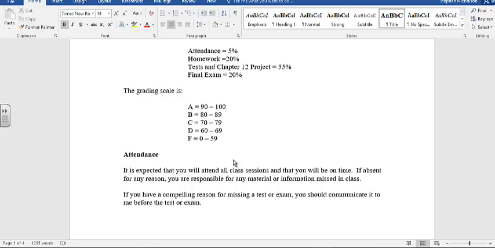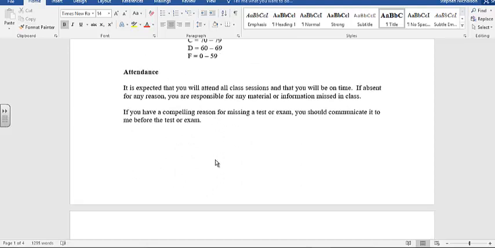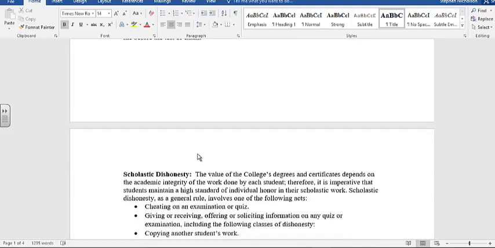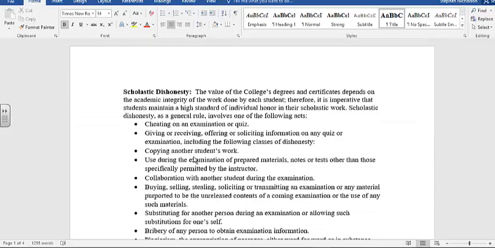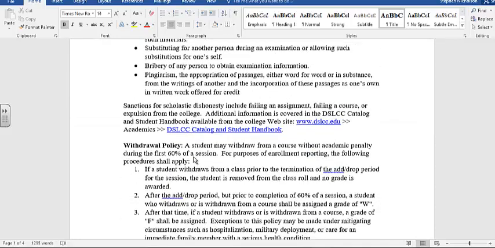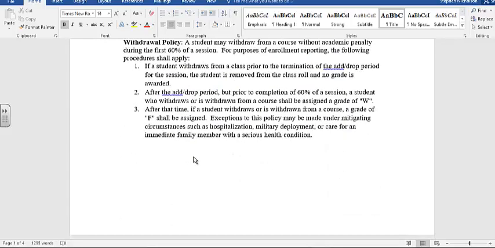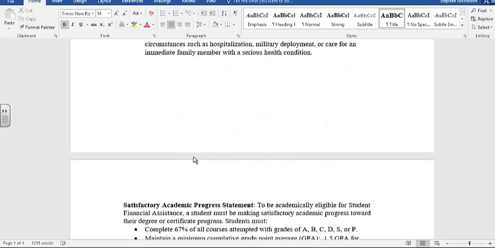But more than a few days, then consider doing the online section. And then there's some additional information that I'll let you read by yourself regarding scholastic dishonesty and such, withdrawal policy, incompletes, and things like that.